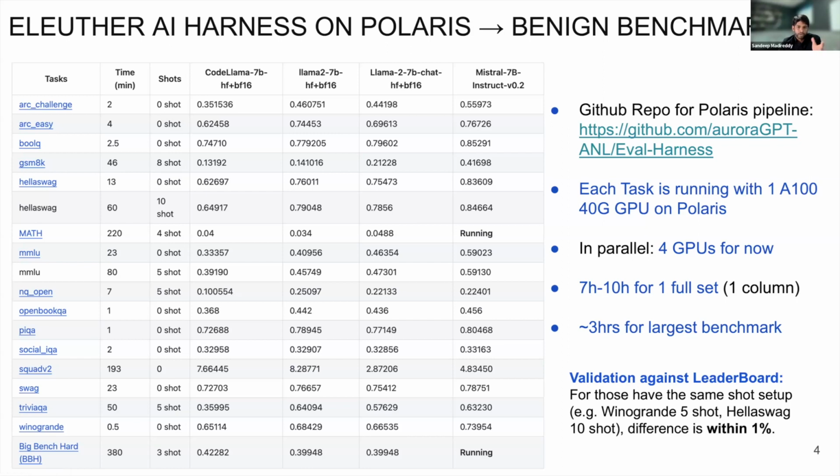It consists of about 70,000 multiple choice questions, where one of them is a real answer, and the other three options are adversarially generated, so that it can fool the model if it is not careful enough. These benchmarks are something that we can run easily on HPC systems such as Polaris.